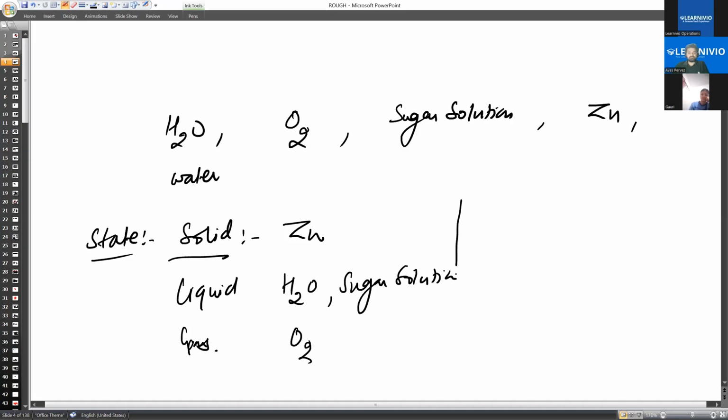Now for the same substances, if I change the basis to pure and impure substances, impure substance means mixtures.